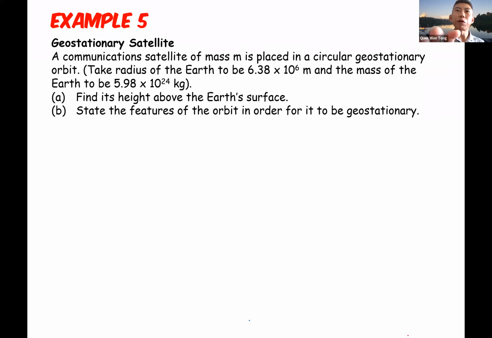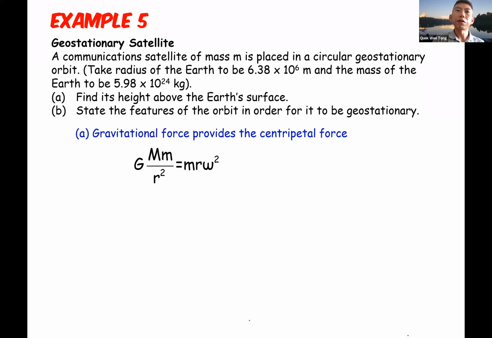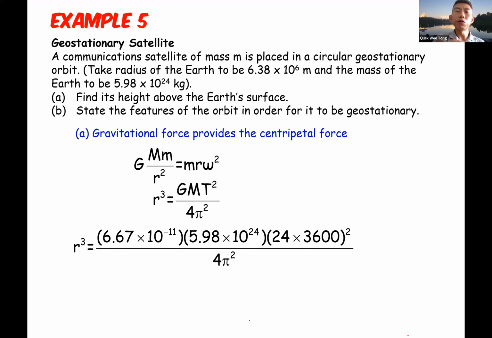So with this example, we'll go through it to figure out the radius of the geostationary satellite. You do the same manipulation as before. This time round, substitute in numbers. I just want to remind you how we do this kind of calculation and minimize mistakes. You always group the coefficients together.